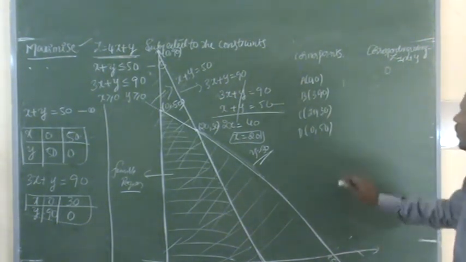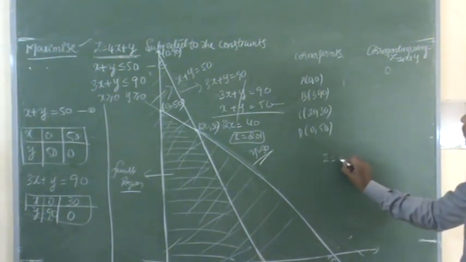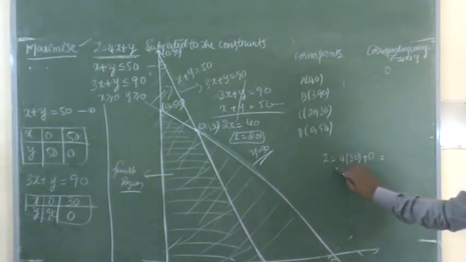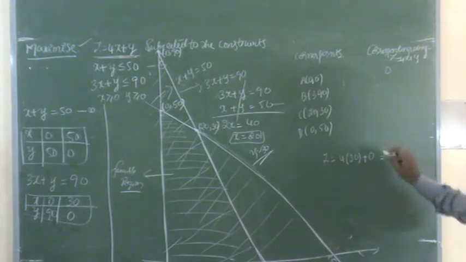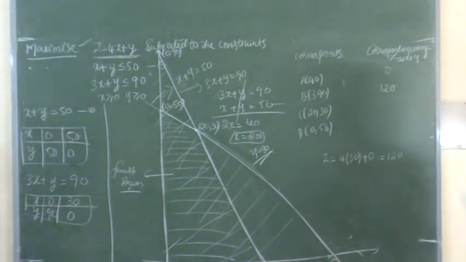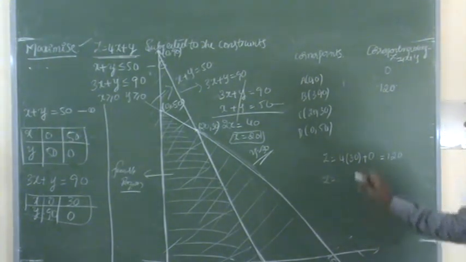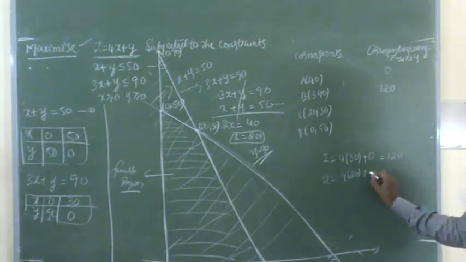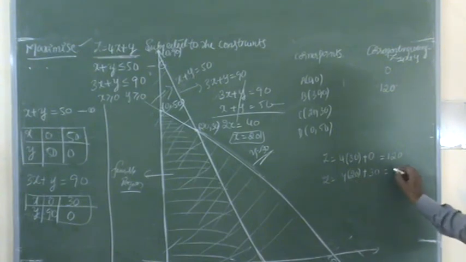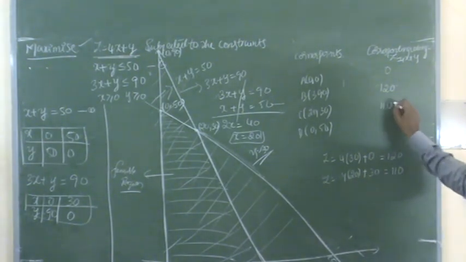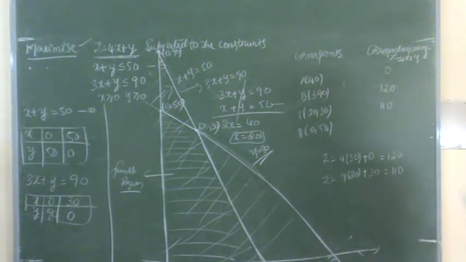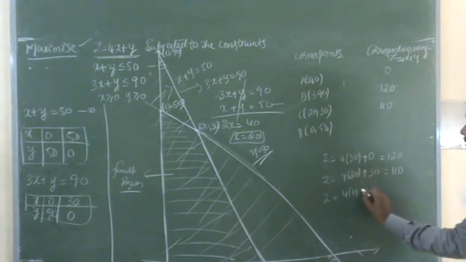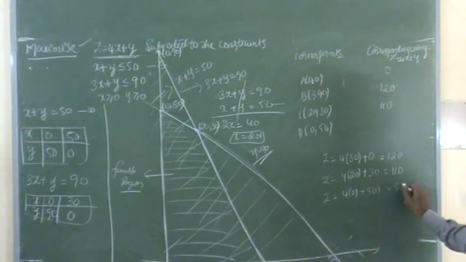For the second point, z equals 4 into 30 plus 0, which is 120. For point C, 4 into 20 plus 30, 80 plus 30, is 110. For point D, z equals 4 into 0 plus 50, which is 50.